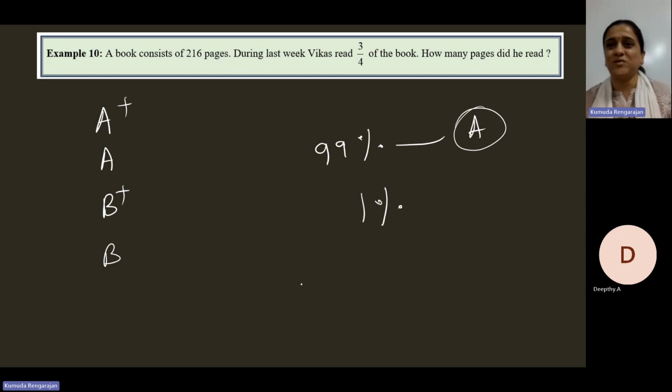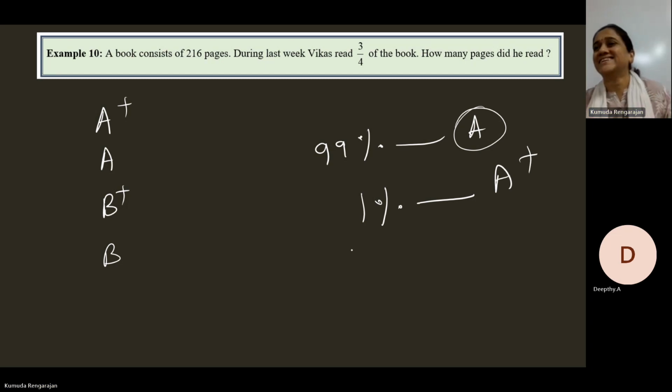But then the teacher says, no, the remaining 1% have secured A plus. So when it's percentage, the total is 100%. If the teacher says 99% have got A grade, 100 minus 99, the remaining 1% has got A plus.